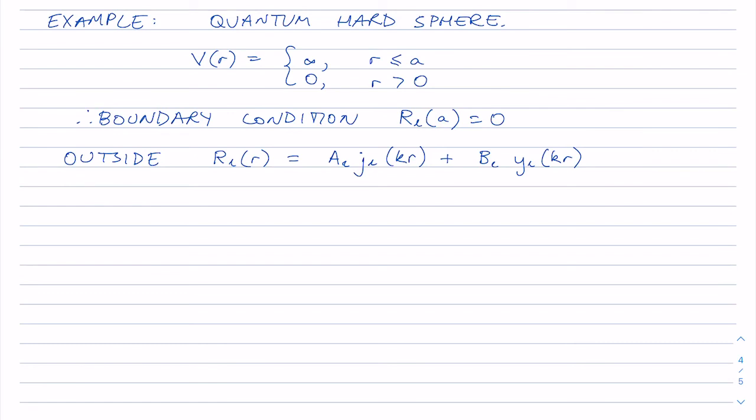And the Bessel function of the second kind is not well behaved at r equals 0, but that's not a problem for us because we are going to have the boundary condition at the surface of the sphere, r equals a, instead. So we need to include that spherical Bessel function of the second kind as well. And so AL and BL are set at the boundary condition r equals a by this formula.